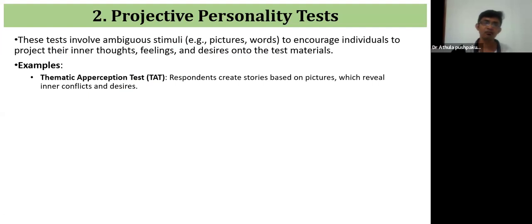These tests involve ambiguous stimuli like pictures or words to encourage individuals to project their inner thoughts, feelings, and desires onto the test material. Actually, this is like a thematic approach, a perception test.